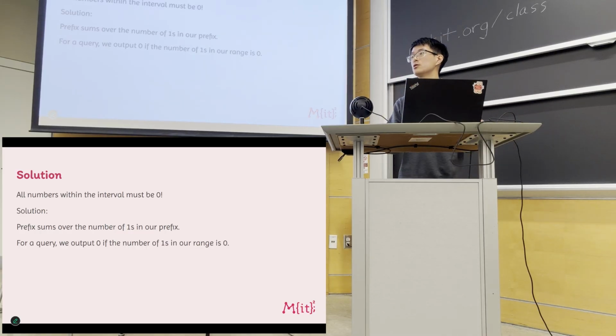If it's 0, that means they're all 0. Since they're all 0 or 1, if the interval sum is 0, that means everything in there is 0 and our OR evaluates to 0. But if our prefix sum query evaluates to something non-zero, that means there must be at least one 1 in that range. So our output will be a 1.